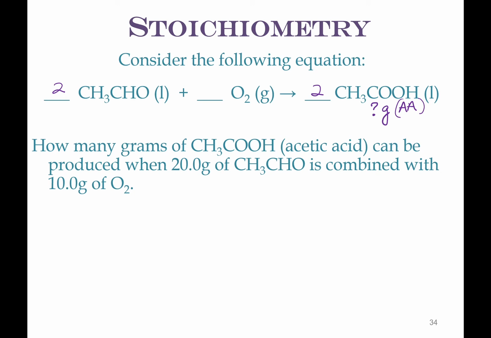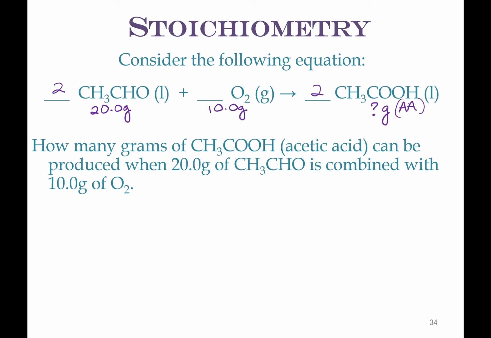If I was doing this on a paper, on a test, I'd probably just write CH3COOH, but I might do the shorthand because I might run out of room. Can be produced when 20.0 grams of CH3CHO is combined with 10.0 grams of oxygen.